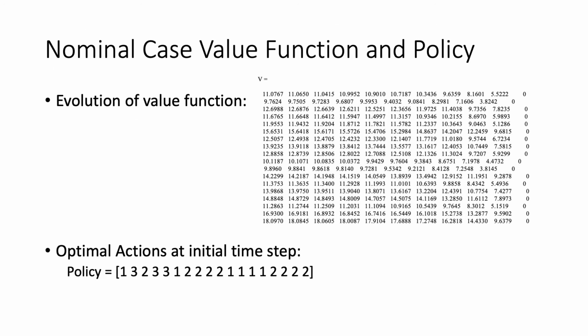So when the robot is operating normally, the value function evolution of the 18 states is shown as follows, and the optimal actions at each node at the beginning are shown in this slide.